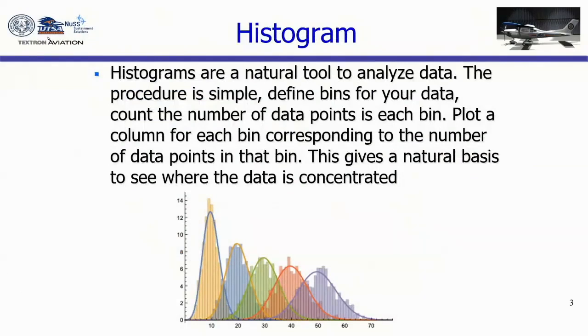Now, histograms are probably the most commonly used tool, and it's easy to do. You just define bins and count the number of data points that fall into each bin, and then you plot on a chart how many points are in each bin. So it gives you a representation of the probability density function underlying that data.